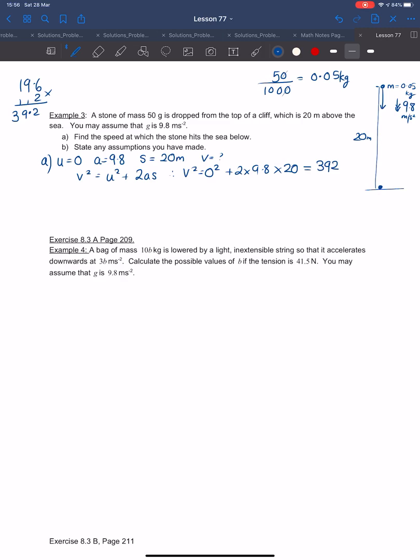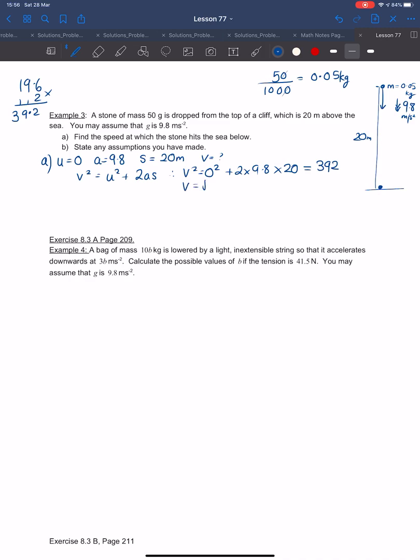And I'll just get my phone for the calculator. I'll try and find a calculator actually. Right, so v squared is 392.